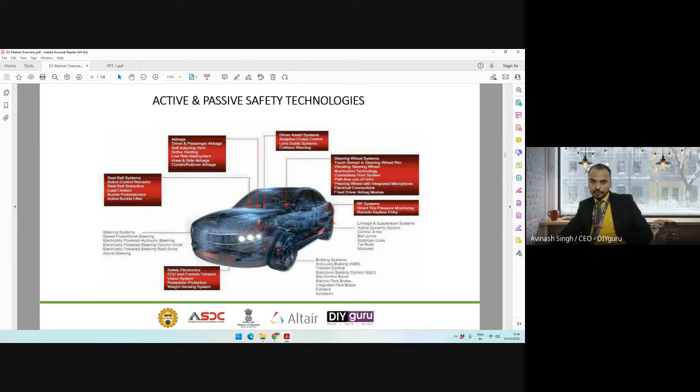Because it can help you to predict if there is any blind spot in front of your vehicle. Your sensors can predict that, okay, after this object there is something ahead of it, right? So your sensors are helping you to find out if there is anything which can cause an accident, and then your behavior changes, right?